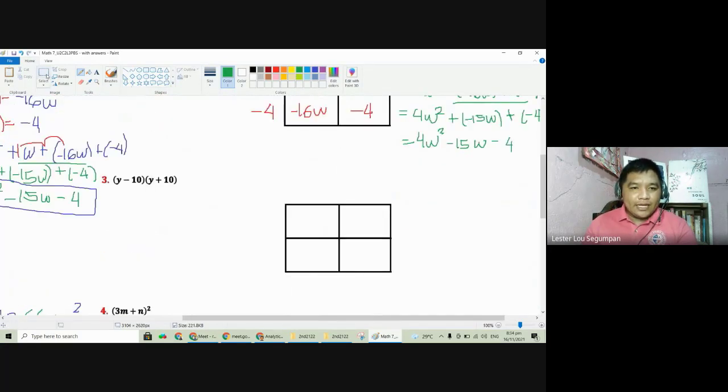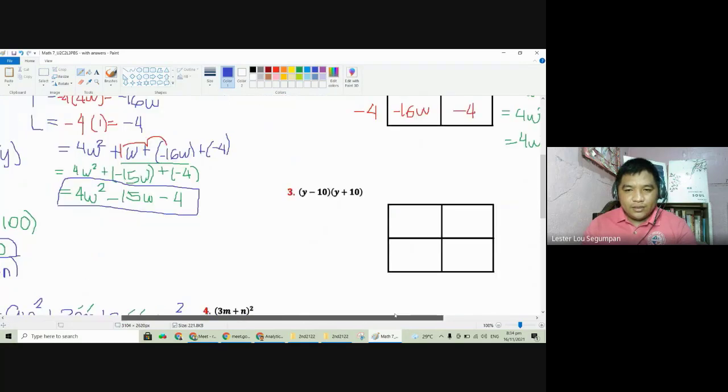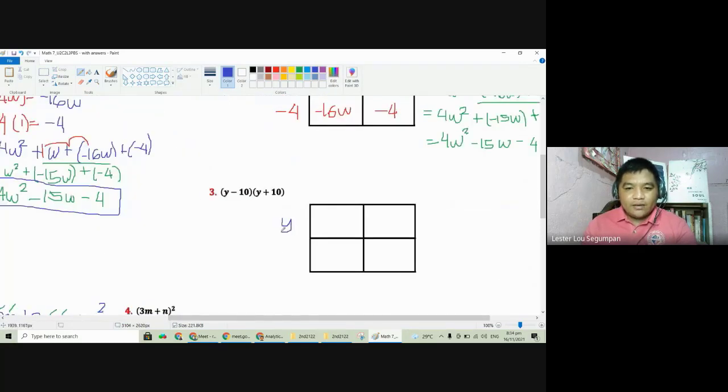Let me move this item a little bit closer here, and let's find out if the result will match this result here, y squared minus 100. So we have here y minus 10. We have y plus 10. Y times y is y squared, 1 plus 1.